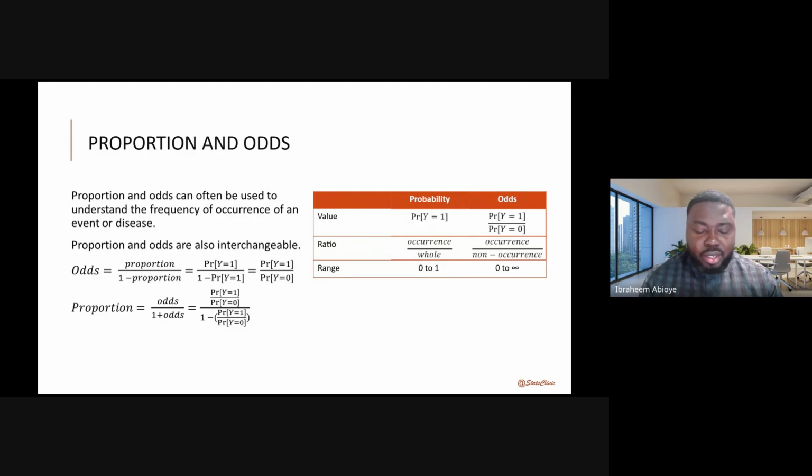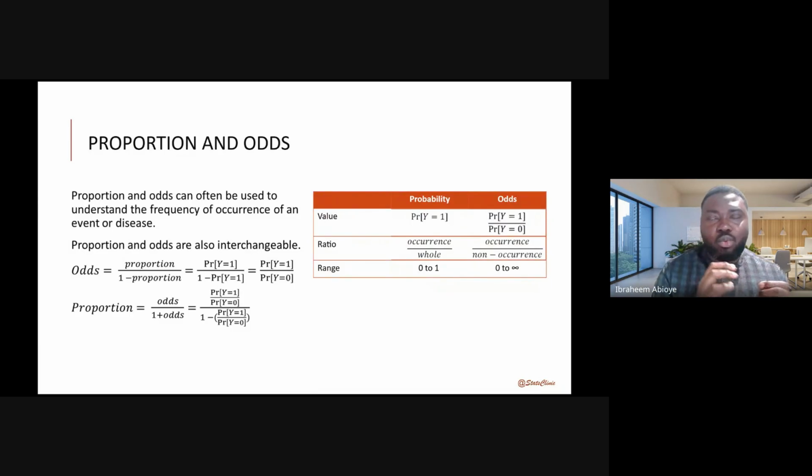One measure that is somewhat related to proportions is odds. Now, odds, on the other hand, require a little bit of understanding. They're not necessarily intuitive. A proportion, because it's a fraction, ranges from 0 to 1. You cannot have a proportion that is negative, and you cannot have a proportion that is greater than 1.